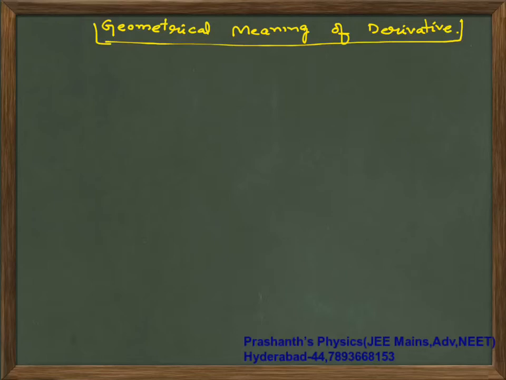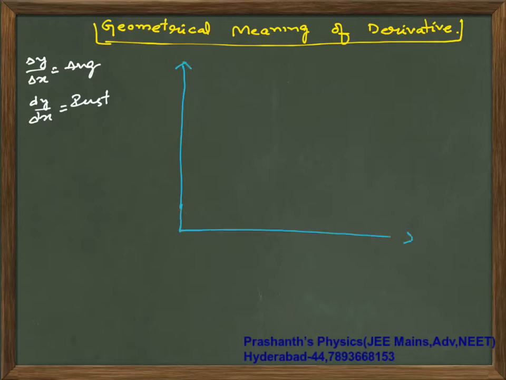Now if you have watched the previous differentiation lecture, you would remember delta y by delta x is average rate of change of y with respect to x, and dy by dx is instantaneous rate of change of y with respect to x. Now let us consider a graph like this.